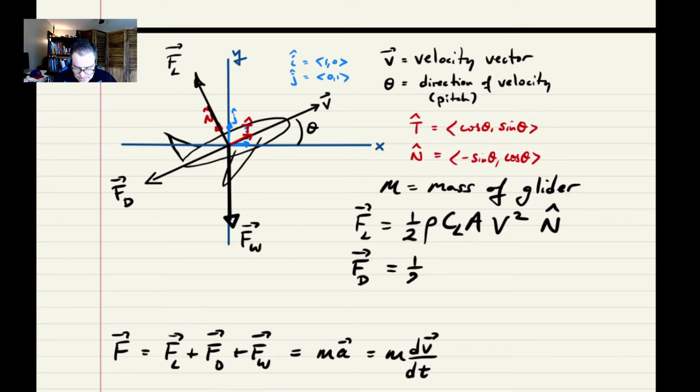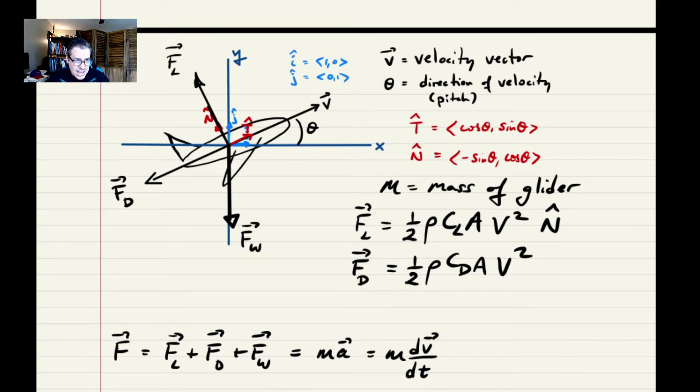A formula to determine drag is 1/2 times the air density times a different coefficient, the coefficient of drag, which we'll assume to be a constant, times the area of the glider. It's the same area, but how that area determines the drag is based on the coefficient of drag, which is also found experimentally. We'll take all of this to be a constant in this derivation.